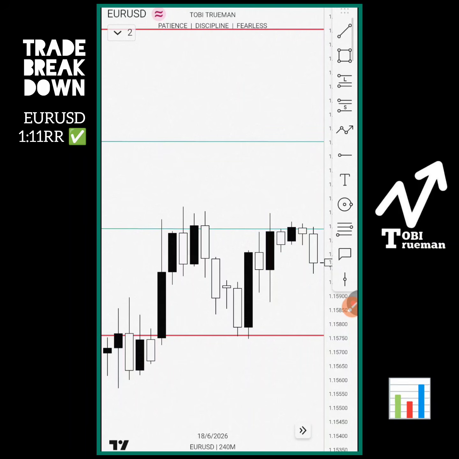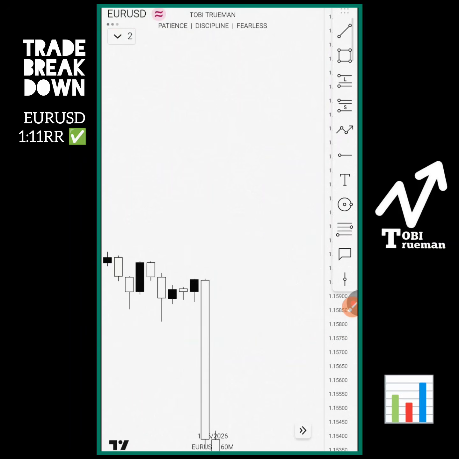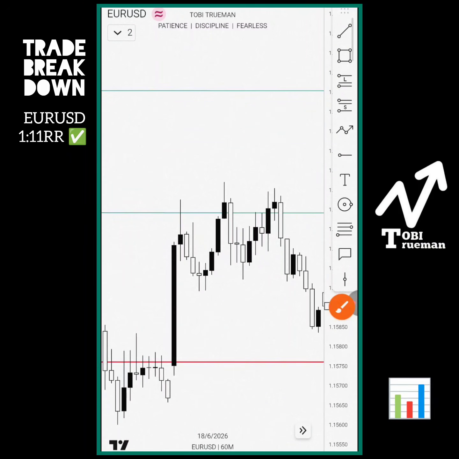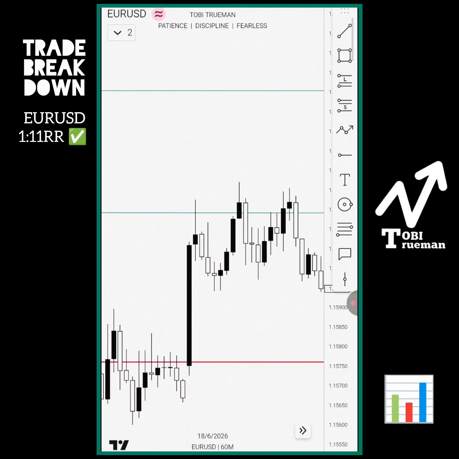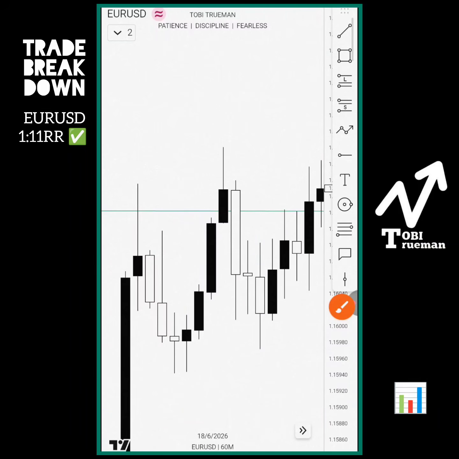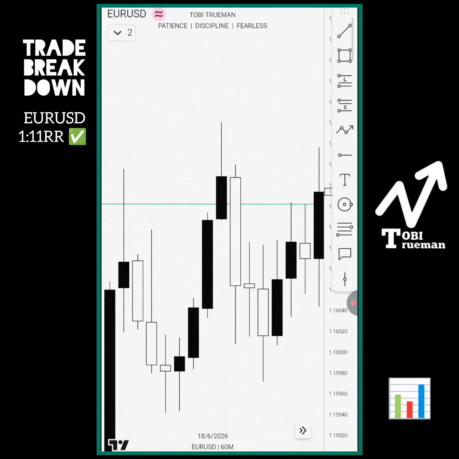Then we can go further to the 1 hour time frame. When we go to the 1 hour, first of all, this is the first signal, but it did not play out very well because it didn't give us our complete signal, where we have to have another candlestick close below the low of that week. But you can see this is our perfect signal over here on the 1 hour time frame.